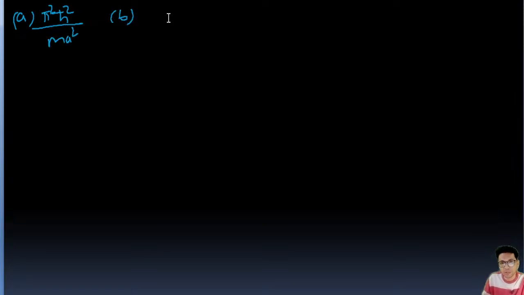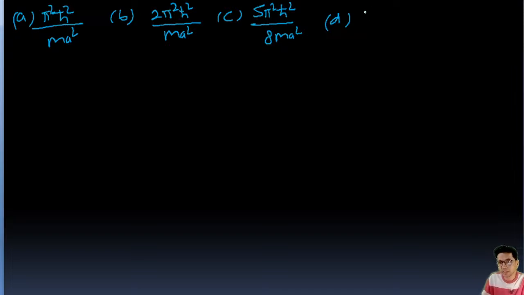Option B is 2 pi square h cut square upon ma square. Option C is 5 pi square h cut square upon 8 ma square. And option D is 4 pi square h cut square upon ma square. Okay, these are the options.